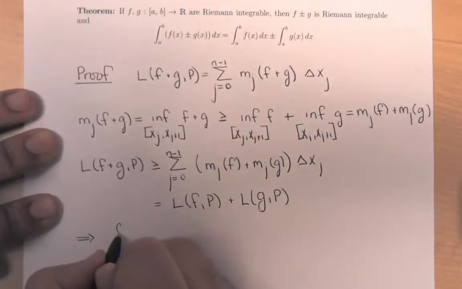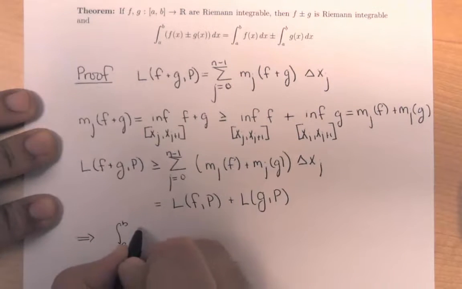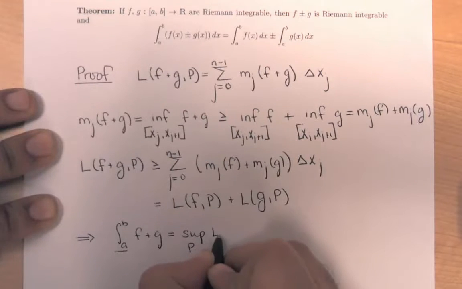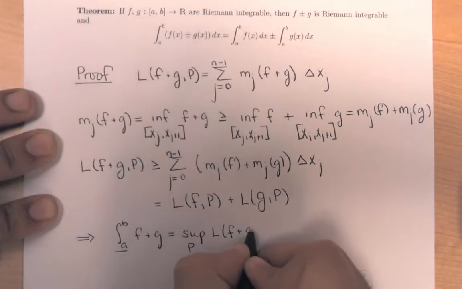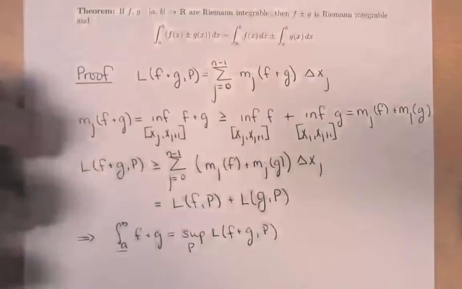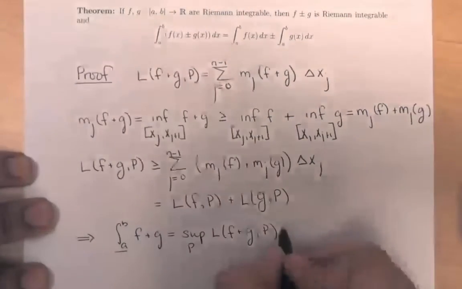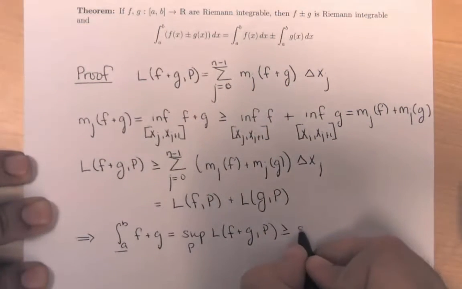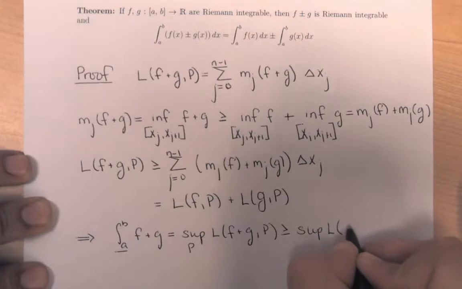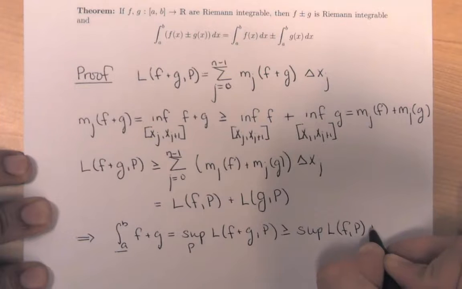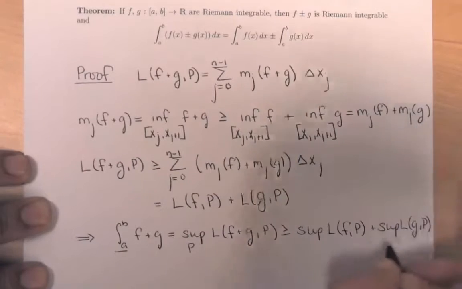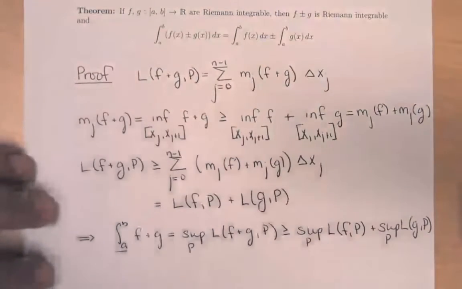So this implies that the lower integral of f plus g, which is the supremum over all P of all lower sums of f plus g, is greater than or equal to the supremum of the lower sums of f and g, respectively, summed up.